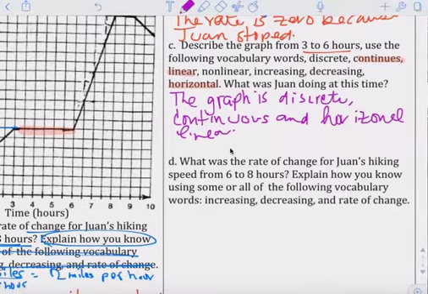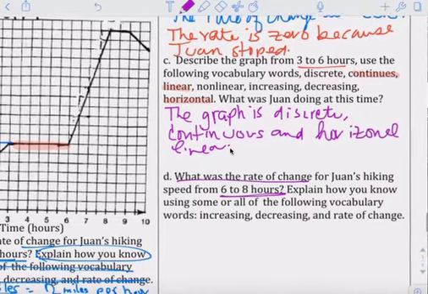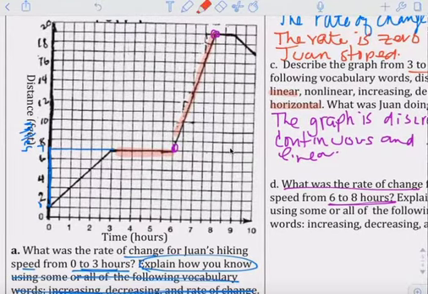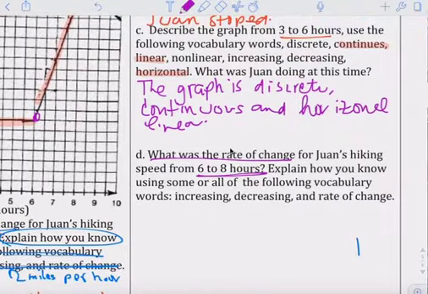What was the rate of change in Juan's hiking from 6 to 8? Well, from right here to right there. That's 7 to 19. Okay, 7 to 19. 19 minus 7 is 12 over how many hours? 2 hours.